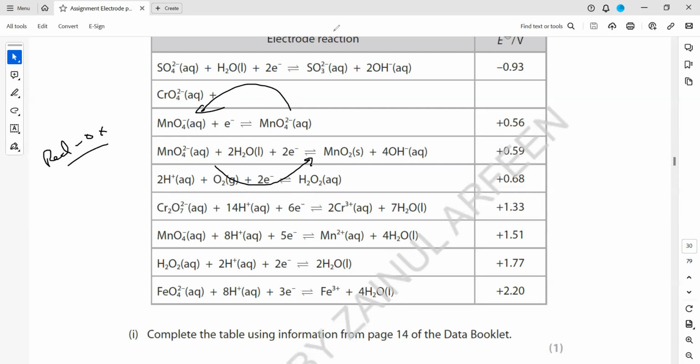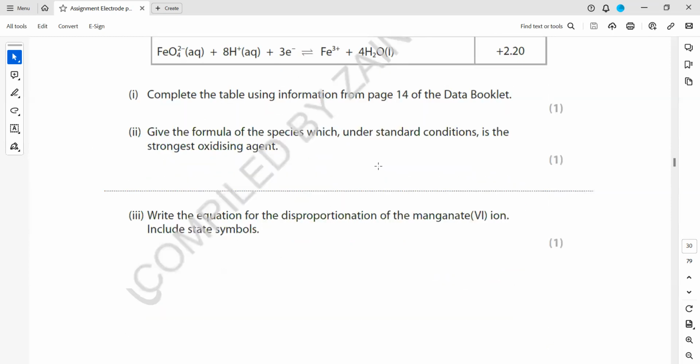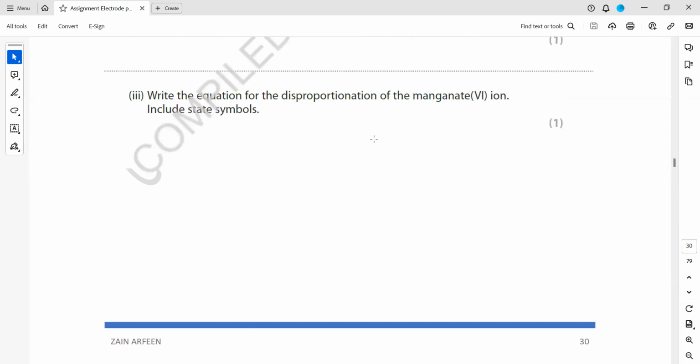If I erase this part, we write the two equations and add them. So MnO4 with the charge -2, in which the Mn is +6, has turned into MnO4 -1, meaning +7, and then it becomes MnO2, that is +4.